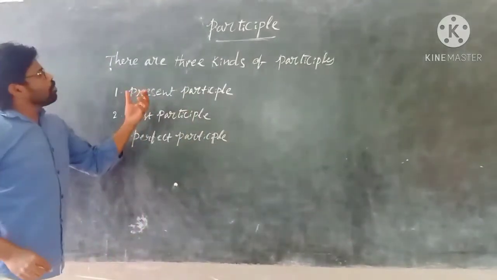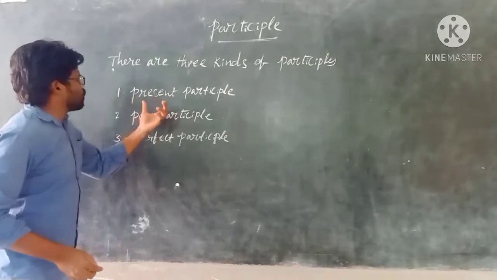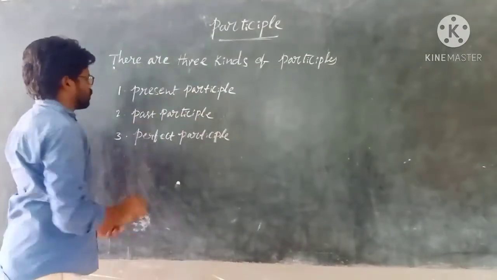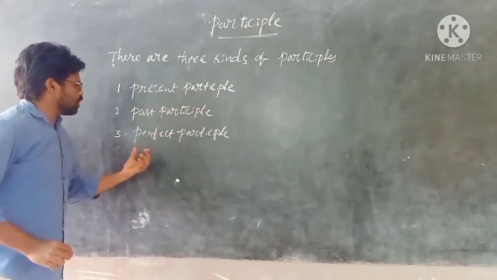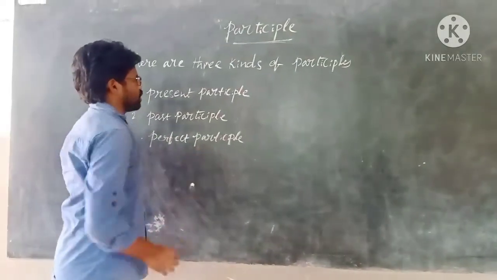Okay, how many participles are there? Yes, three participles are there in English: present participle, past participle, and perfect participle.